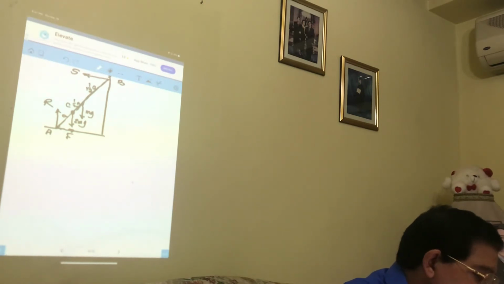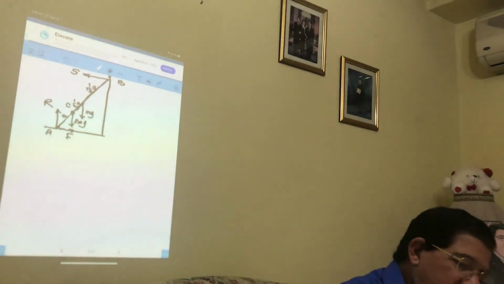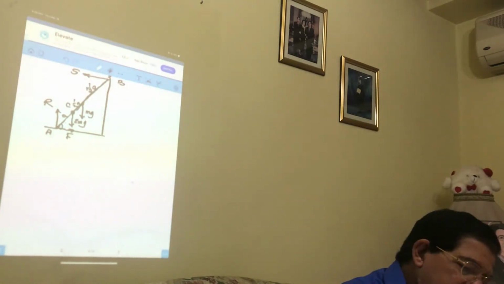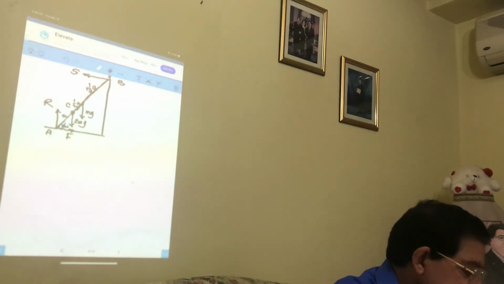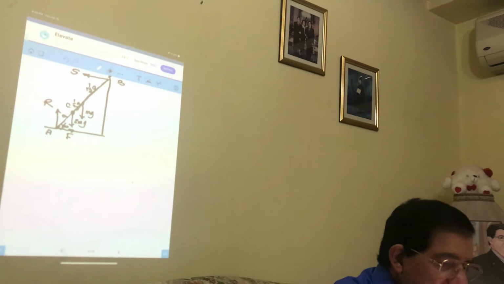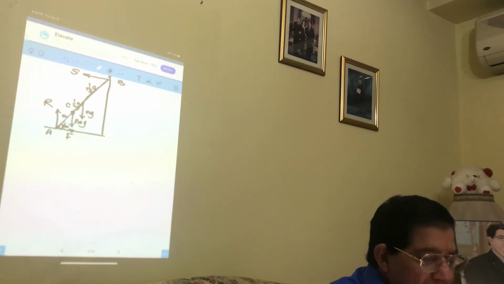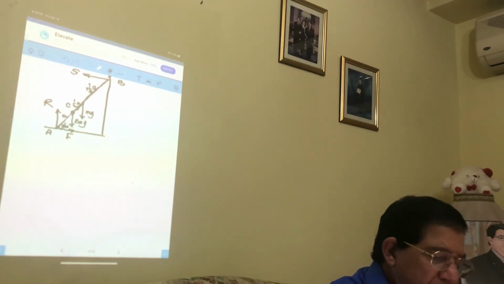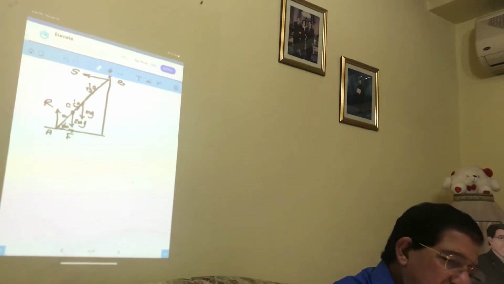It says the ladder is resting in limiting equilibrium, making an angle of 60 degrees with the floor. Find the coefficient of friction. The same problem.